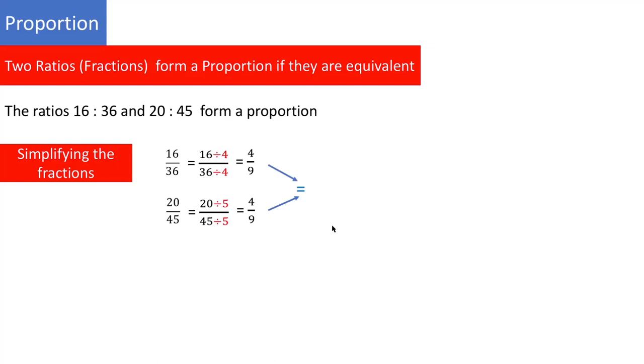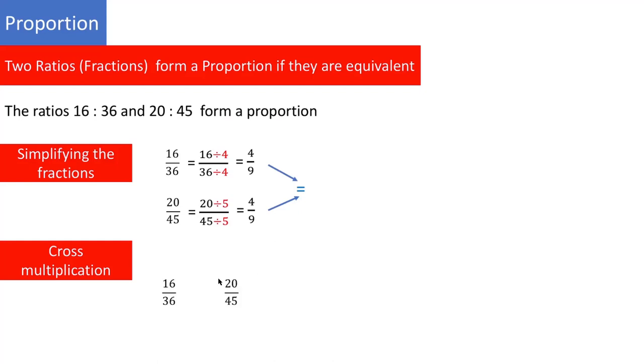Another way of doing it, which I really like and I use quite a bit, is called cross multiplication. You multiply 36 times 20, you get 720. You multiply 16 times 45 and you get 720, and they are equal, and therefore they form a proportion.